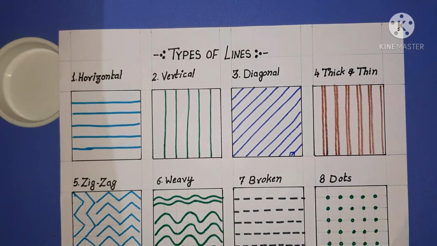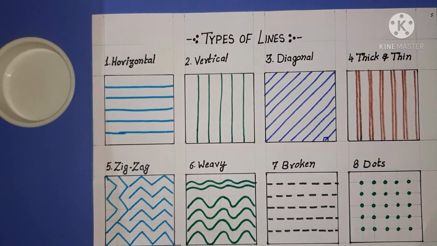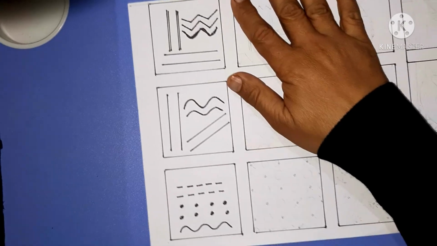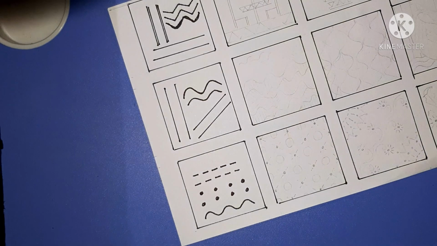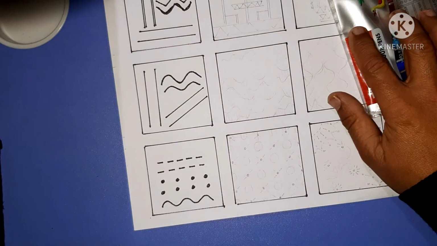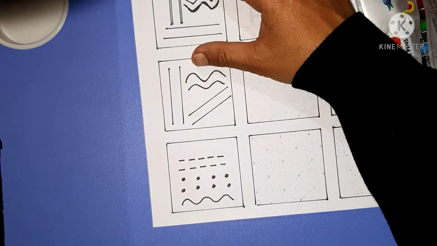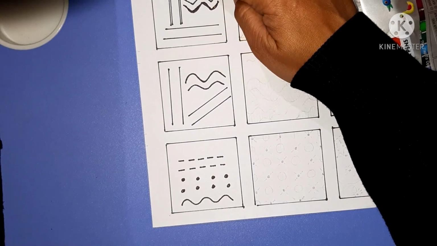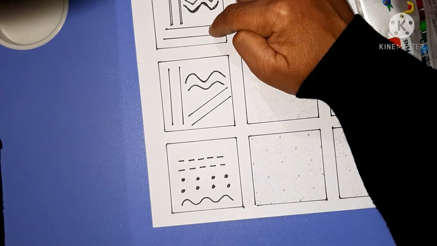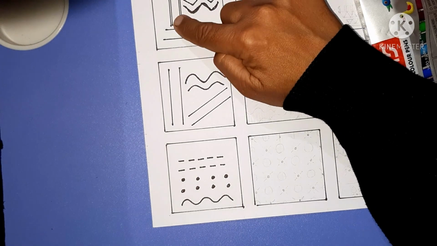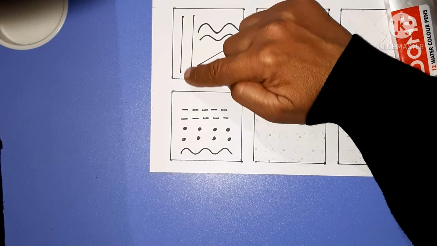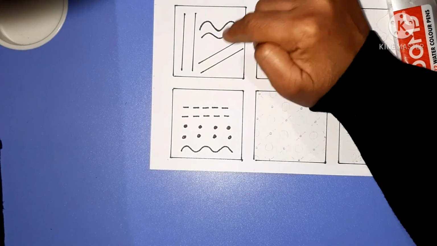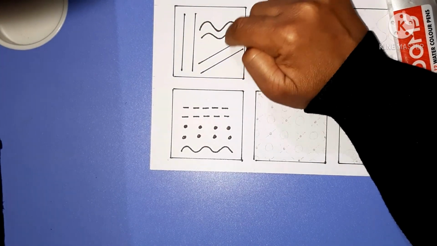Now we'll be composing these lines into some prints to enhance our creativity. So now let's start with the composition of lines. For the composition of lines, we'll be dividing the lines into three categories. In the first category, I'm taking the horizontal line, thick and thin line, and the zigzag line. In the second category, it would be the vertical line, diagonal line, and the wavy line.